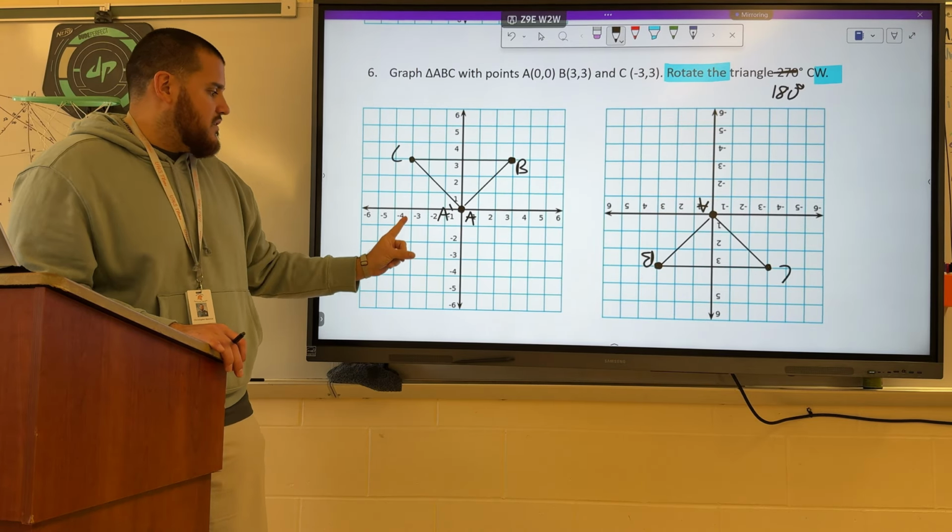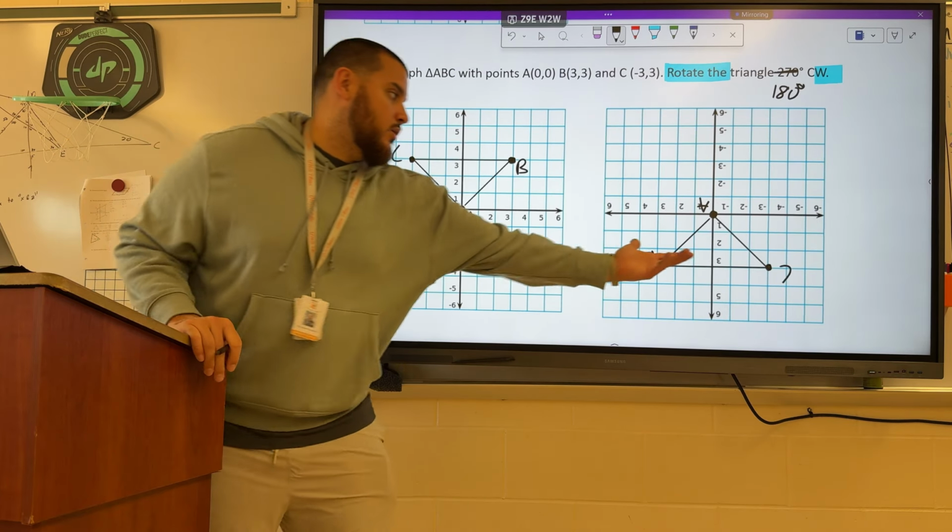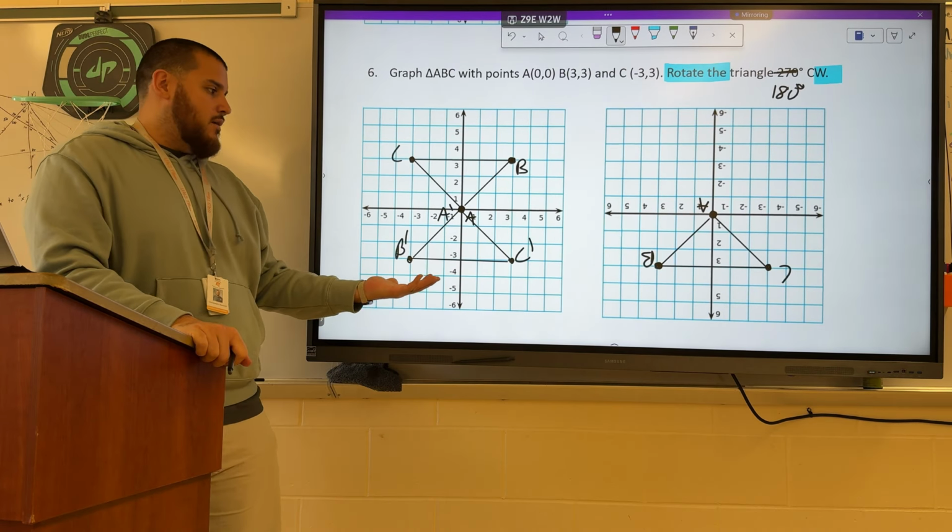We do the same thing for C. From the origin, that's right 3, down 3 to get to point C. So when I bring my paper normal, I go right 3, down 3. That is where C prime should be. So doing rotations by hand allows you to see where your image should be graphed if you didn't turn your paper. That's where it should be, and this is where our image is.